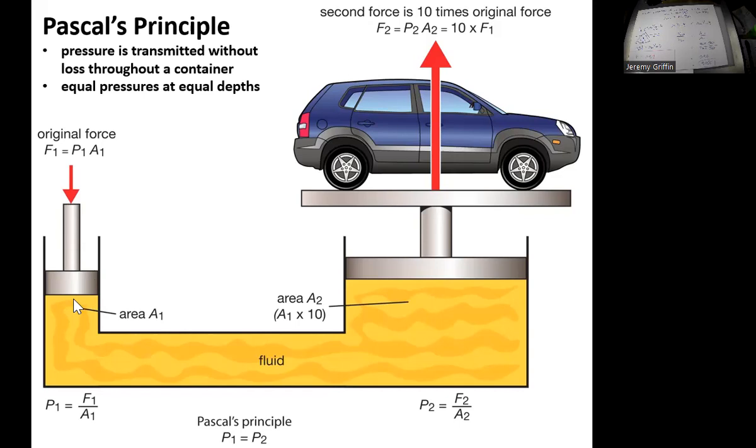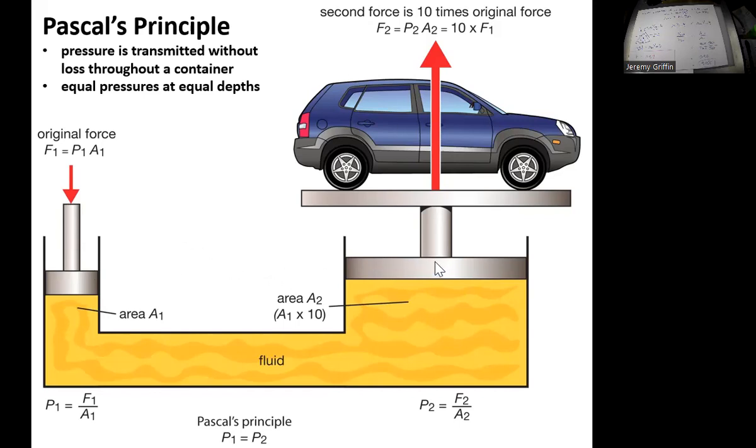That's also 1 cubic meter of displaced fluid on the right side, pushing the vehicle up. But if you divide that 1 cubic meter by 10 square meters, the area, it only goes up about 10 centimeters.